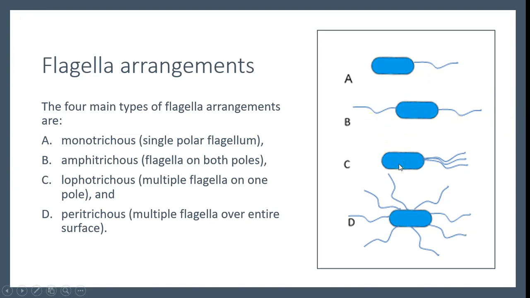In C, you have the flagella coming off of one end or pole, as with A, but the difference between A and C is that A is one flagellum, and in C there are multiple flagella coming off the end. And in the case of D, we refer to that as peritrichous because those flagella cover the entire body of the bacteria. No matter what arrangement it has, flagella are still going to move in that circular motion, and they're still going to be used to propel the bacteria.